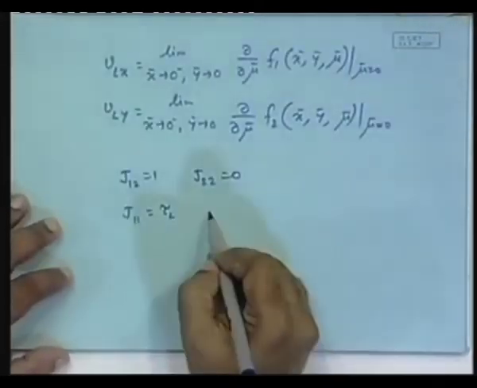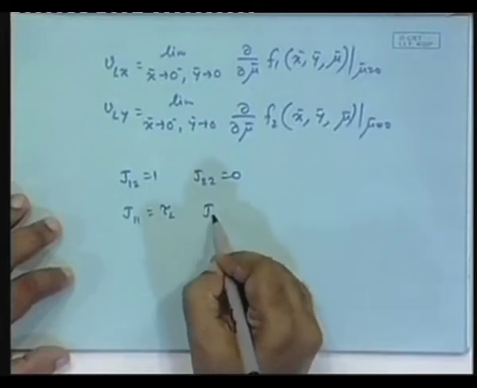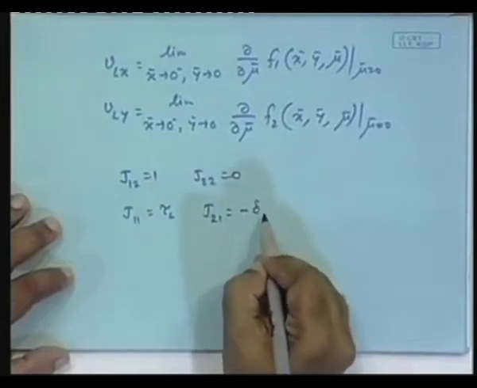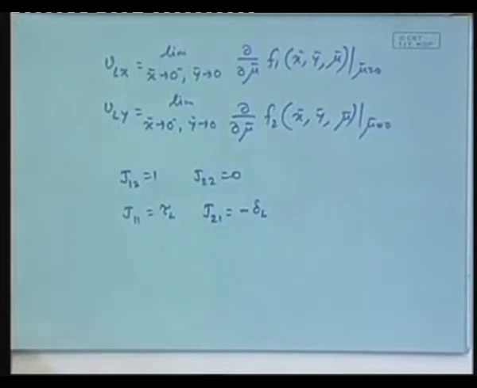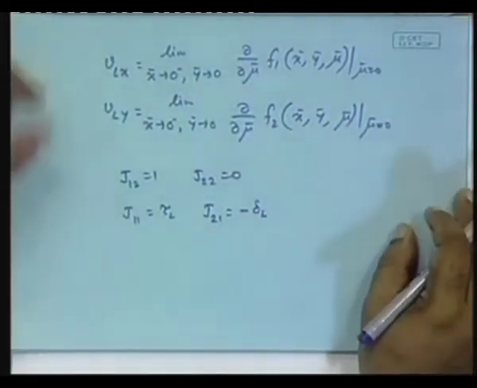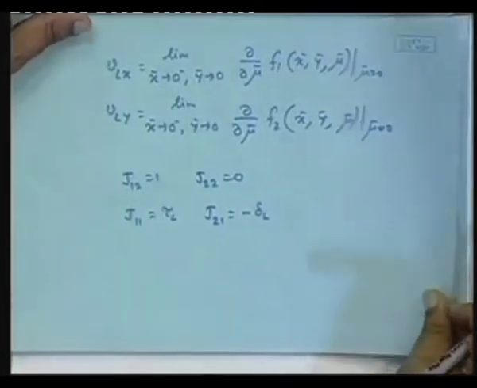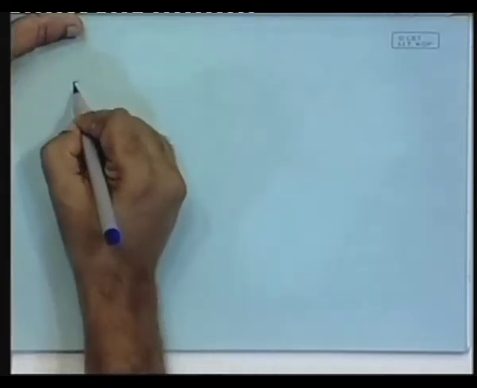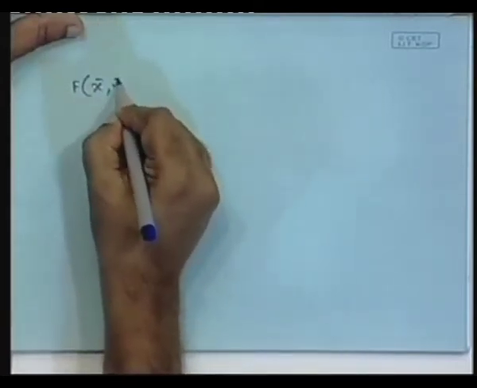So, J21 is equal to minus the determinant.